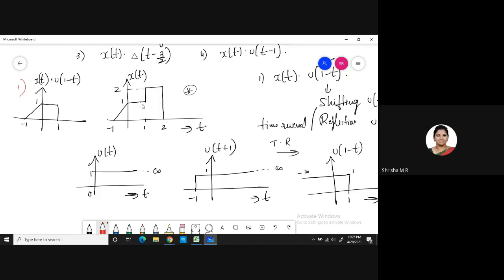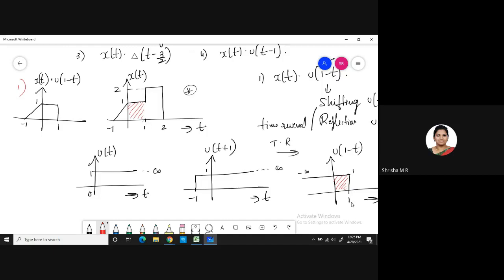No, the signal is existing only this much, right? At 1 the amplitude is 2. You are multiplying this with this. At 1 it is 1, going to 2. At the overlap, is the amplitude 1 or 2? x of t is 1 going to 2, but if you multiply this with this, you'll get 1 only, right?